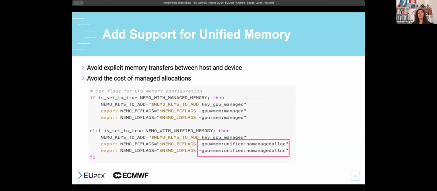It can be done automatically, and it also avoids the cost of managed allocation that might be done by the compiler automatically. However, we can use the managed flag as well, but we currently prefer to use unified no-managed-alloc because we can get better performance.